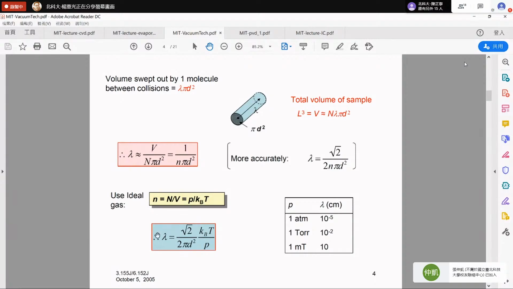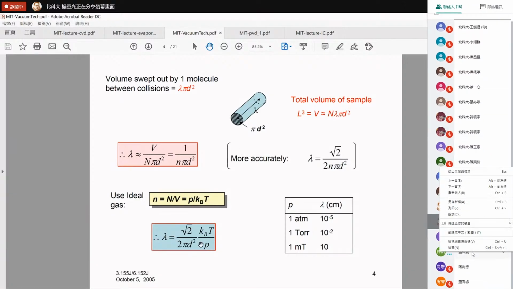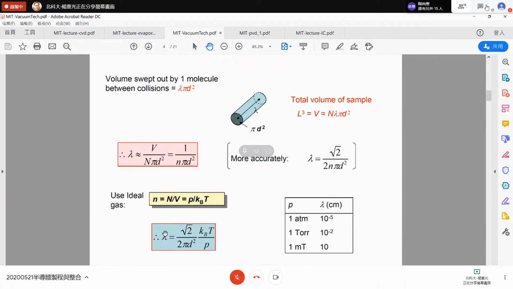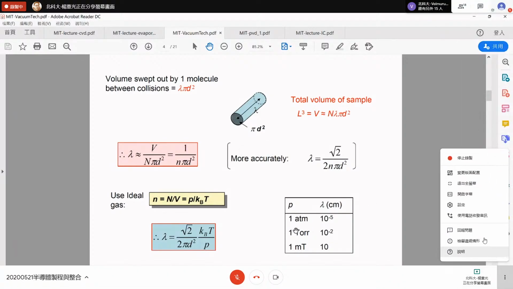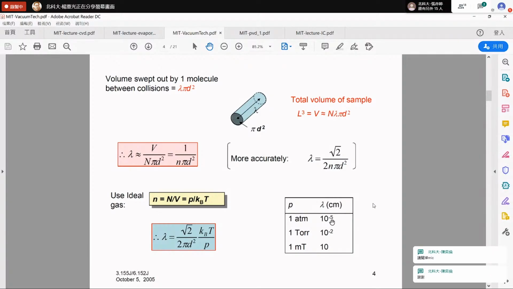So the mean free path is proportional to the temperature. If you have a higher temperature, then you have a higher mean free path. The other way, if you have lower pressure, in a vacuum, then you will have a higher mean free path. At one atm, the mean free path is about 10 to the minus 5 centimeter.